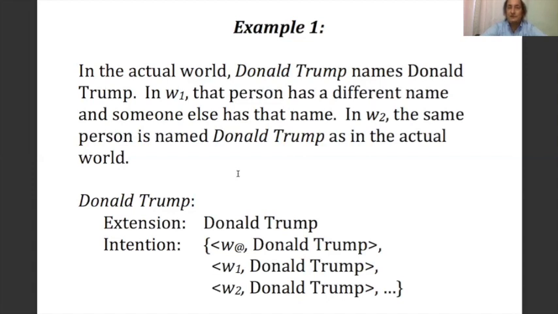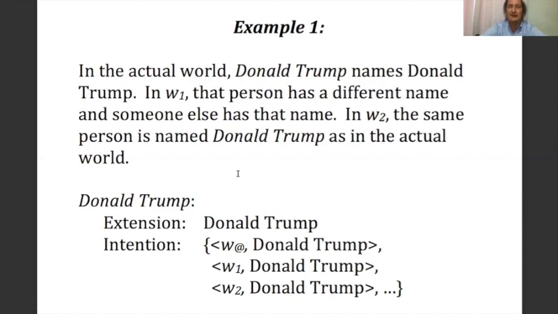Now, in world W1, that same name picks out a different individual, and that makes the language a different language. So in W1, the name Donald Trump is associated with a different individual, different language, and we're not really interested in figuring out what other language we could be speaking.